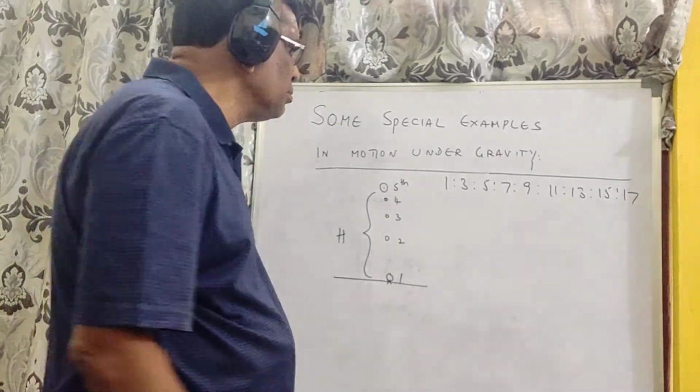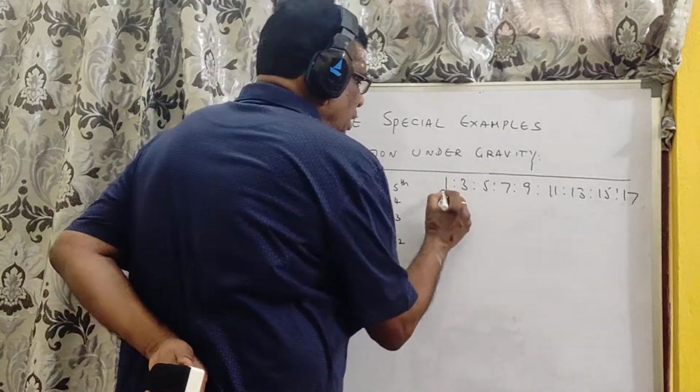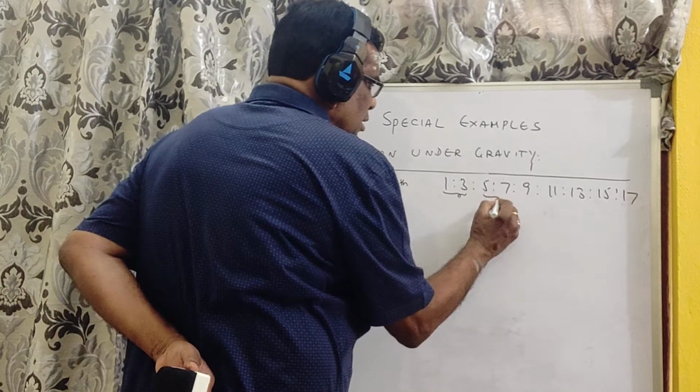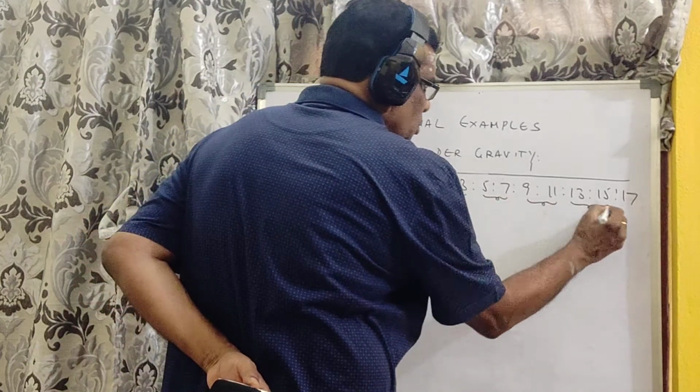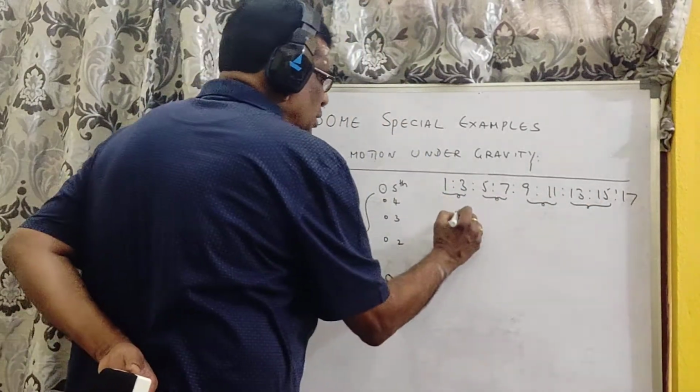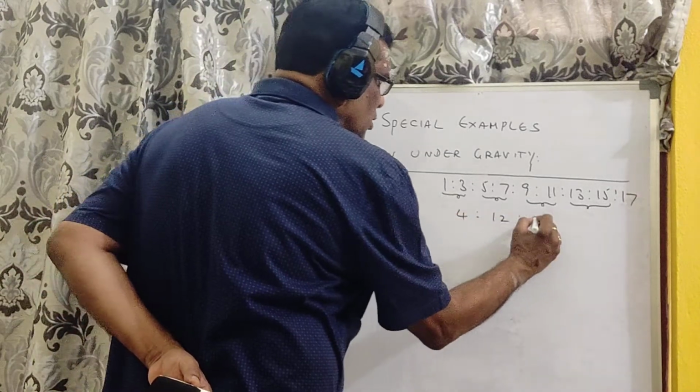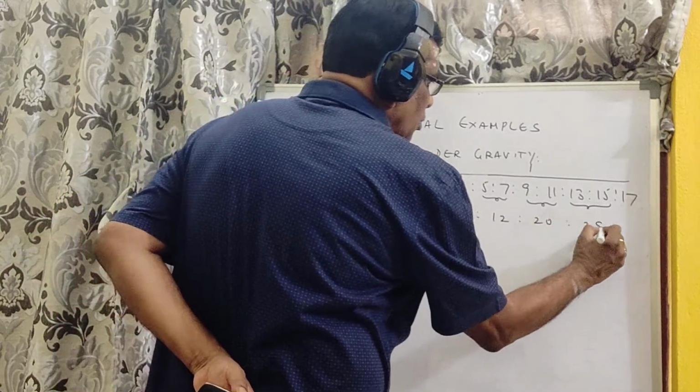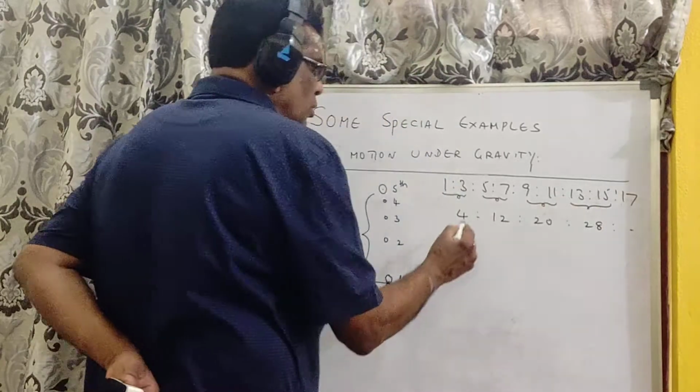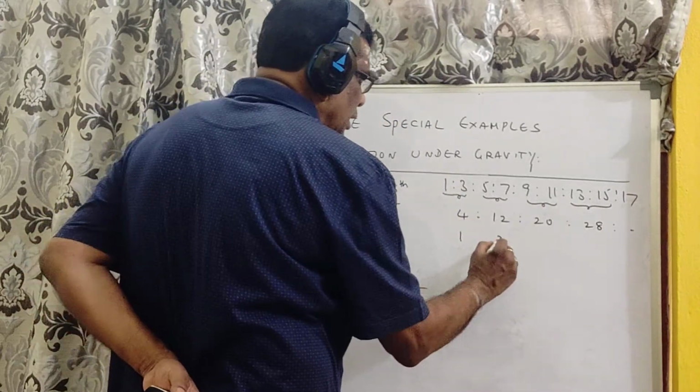Now look at it, suppose I take the first 2 seconds, next 2 seconds, subsequent 2 seconds, likewise. So how much do I get? 4 is to 12 is to 20 is to 28 is to, etc. So again 4 is common. What are you getting?